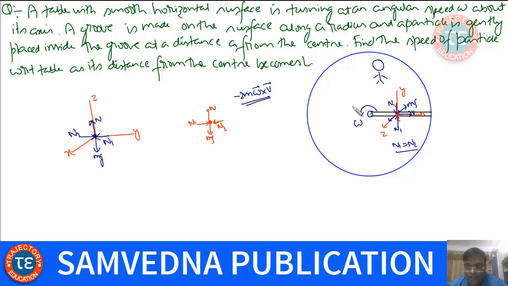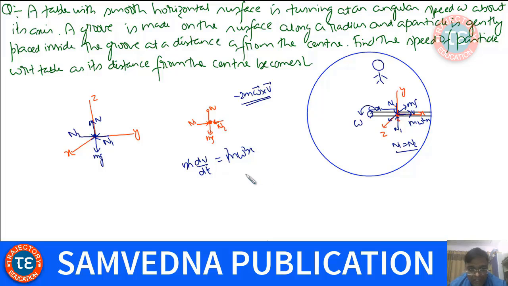So the Coriolis force will not lead to any motion. The only free motion is along x, and along x the force is m omega square x, if x is the distance of the particle from the center.